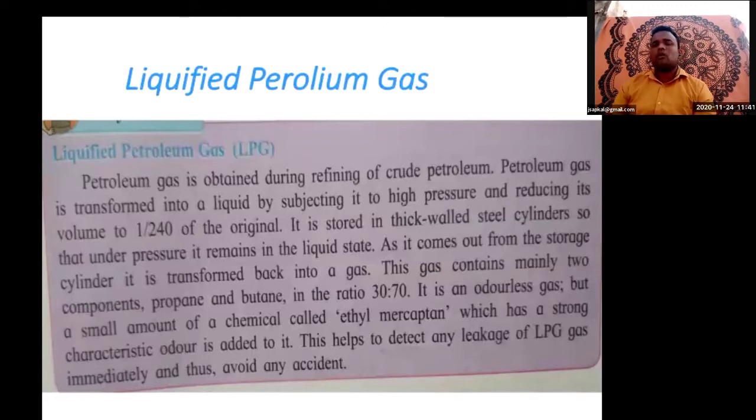Odor means smell. But there is one substance called ethyl mercaptan, which has a strong characteristic odor, and it is added to it. So propane and butane don't have any smell, but to let you know about a leakage of the gas, there is a chemical substance, ethyl mercaptan, which gives a strong odor.